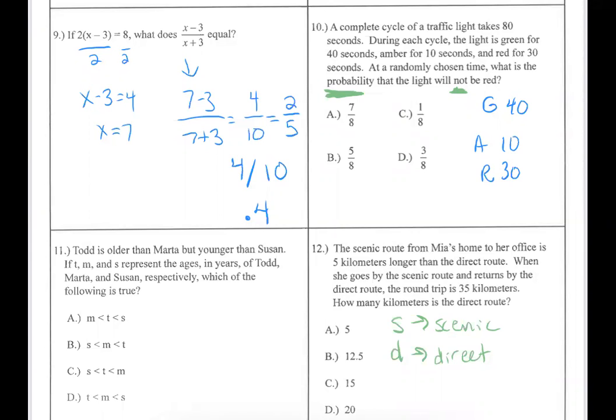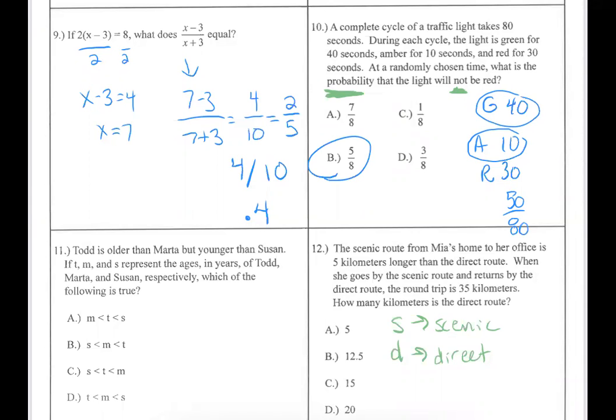So general rule of probability, the likelihood of what you're looking for over the total amount. So not red would be green or amber. So that would be 50 over 80, which would reduce to 5/8 for choice B.